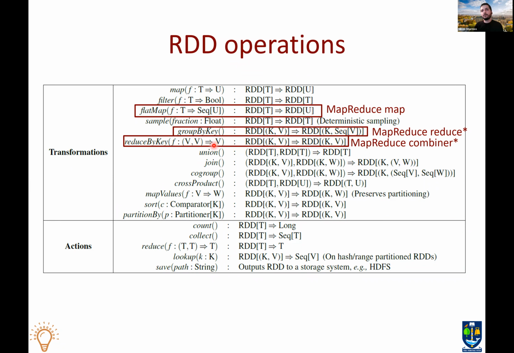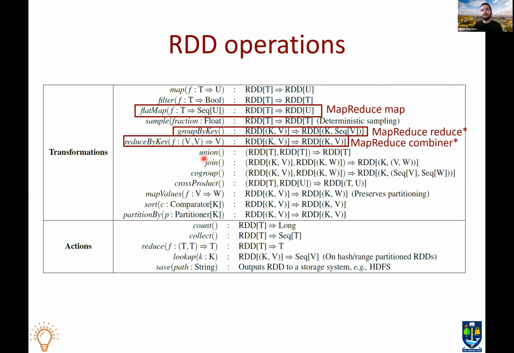You can think of reduce by key, this is not what happens, but you can think of it as running a group by key and taking this RDD where you have a key and a sequence of values, and then going through the sequence of values and combining them: the first and the second, and the result of that with the third, and the result of that with the fourth, and the result of that with the fifth, and so on, until in the end you have a single value out of all of these.